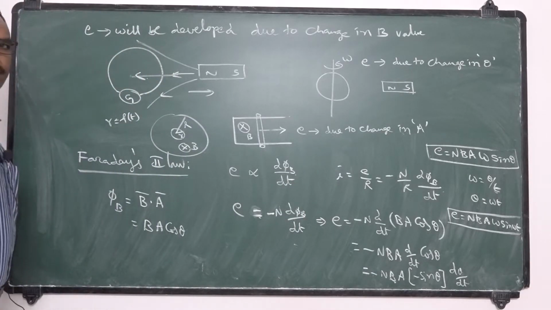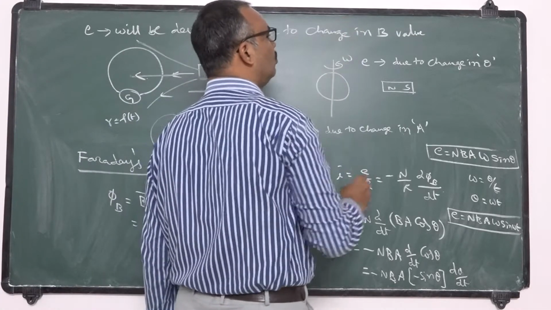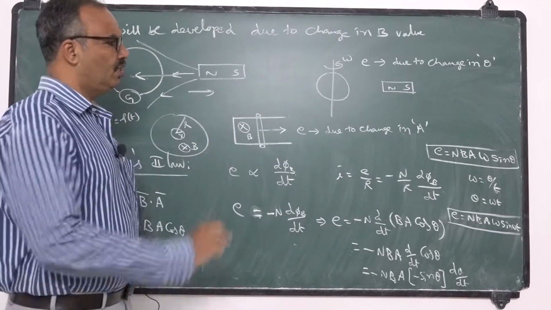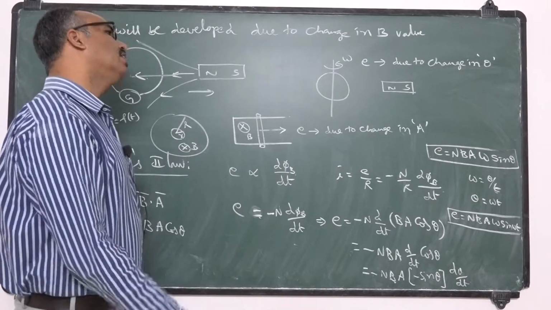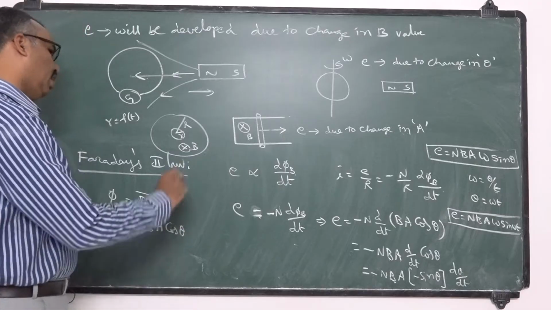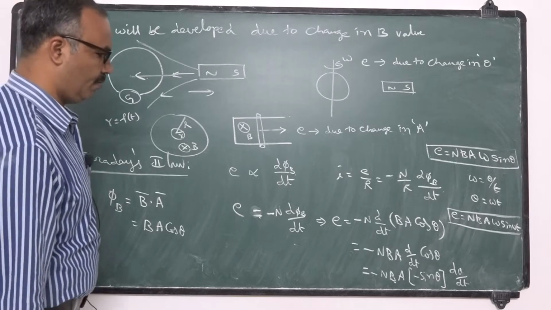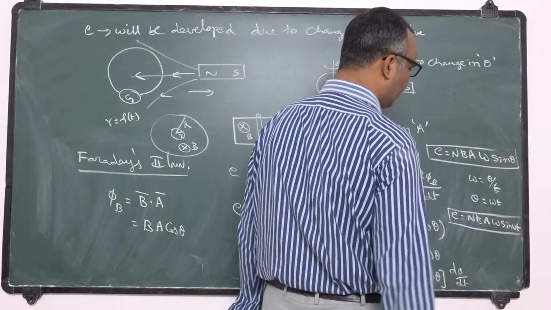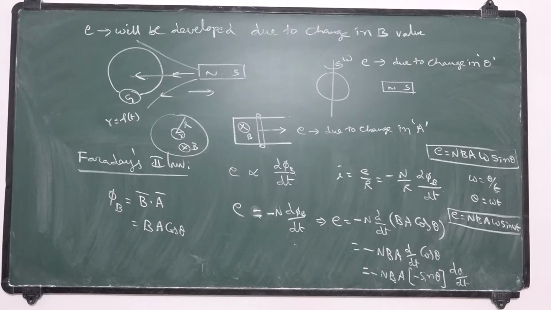So induced EMF will be detected due to the change in B value, due to the change in theta value, due to the change in area of the loop, due to the change in any one of the three, any two of the three, or all three. Depending on the change, you will get induced EMF or induced current. So this Faraday's second law provides us a general expression for induced EMF.